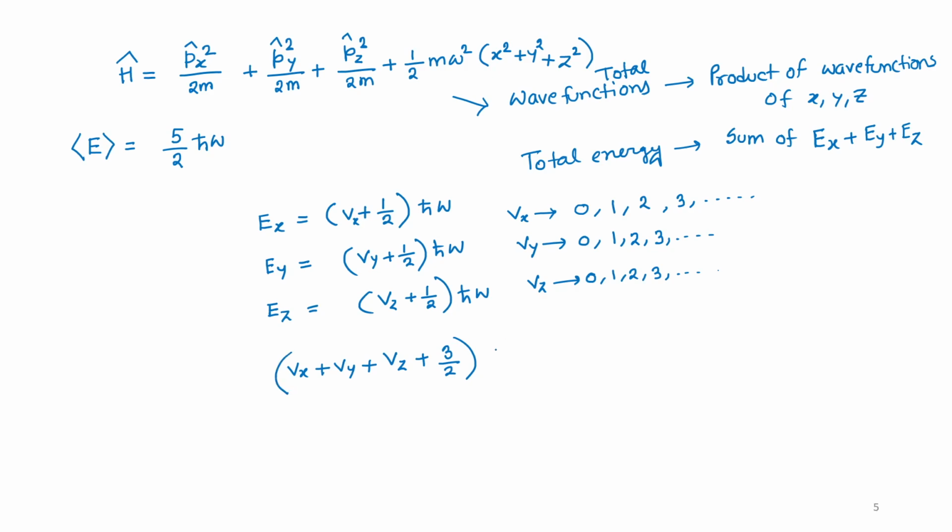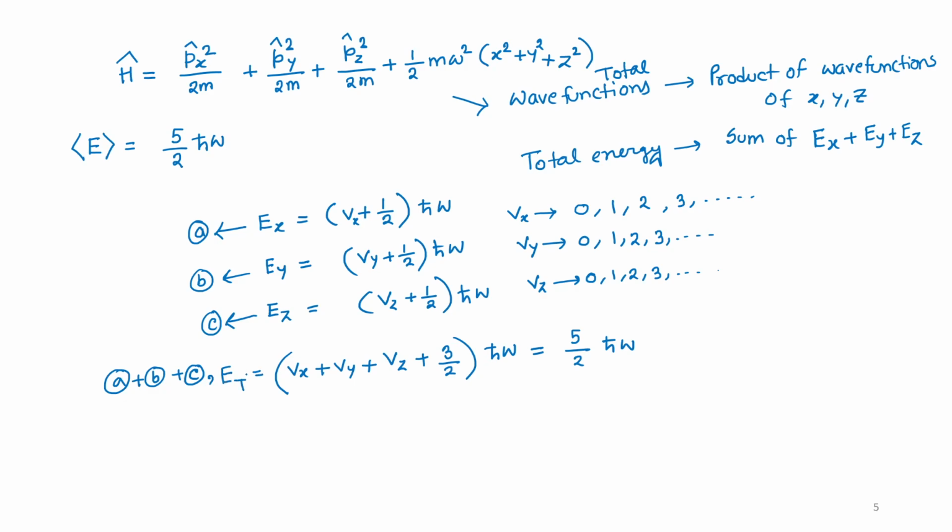Please let me know if in any step you don't understand. So suppose this is my equation A, this is my equation B, and this is my equation C. So I am adding up A plus B plus C to get E total.